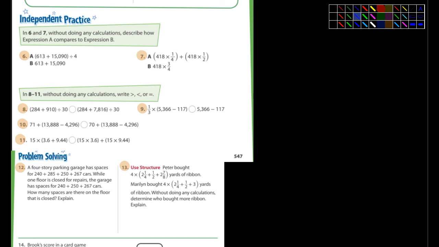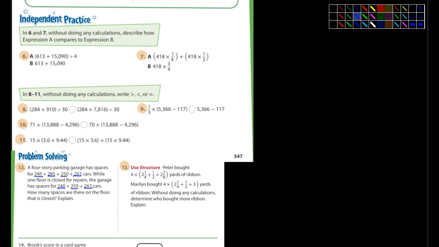Problem solving. Next page. A 4-story parking garage has spaces for 240 cars, 285 cars, 250 cars, 267 cars. While one floor is closed for repairs, the garage now has spaces for 240, 250, 267.